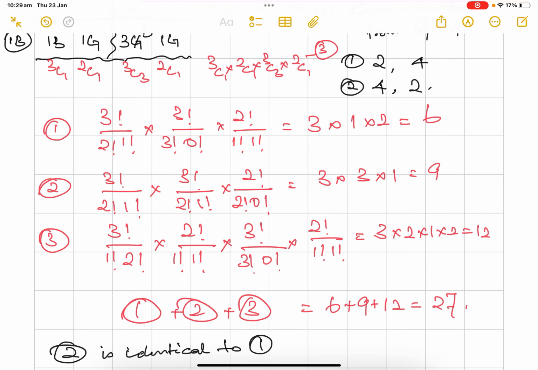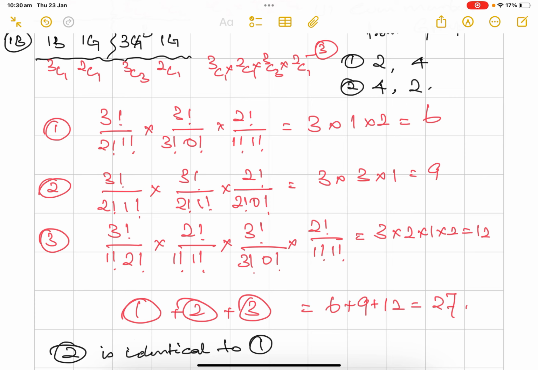And the last, equation 3: 3C1 is 3 factorial over 1 factorial, 2 factorial, 2C1 is 2 factorial over 1 factorial, 1 factorial, and 3C3 is 3 factorial divided by 3 factorial, 0 factorial, and 2C1 is 2 factorial divided by 1 factorial, 1 factorial.